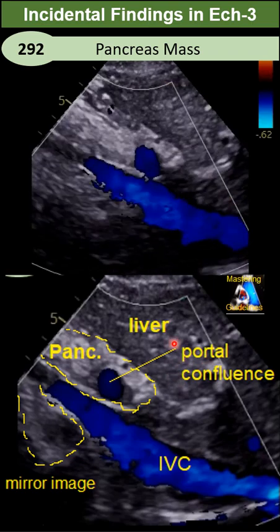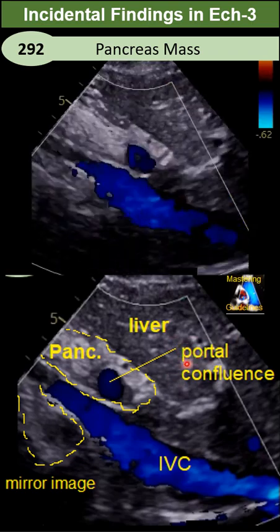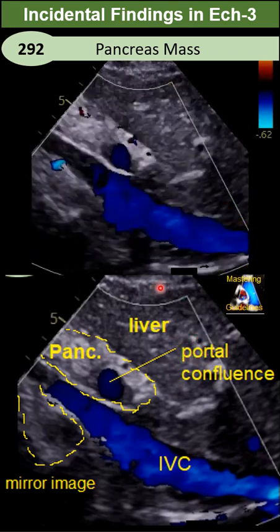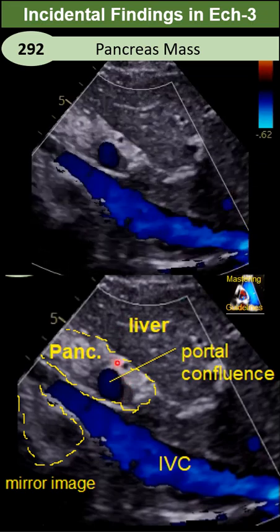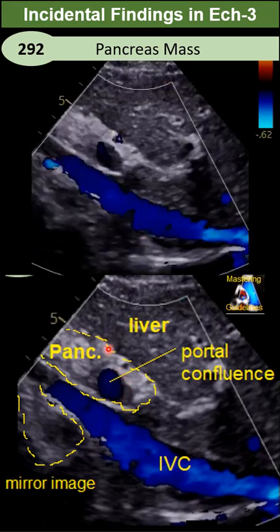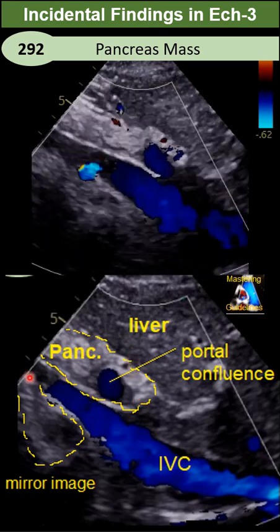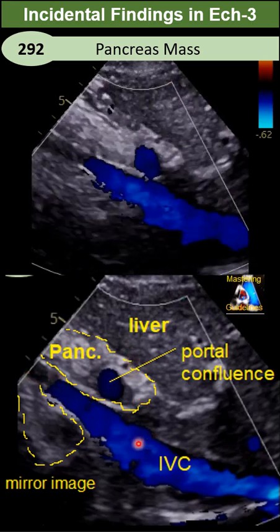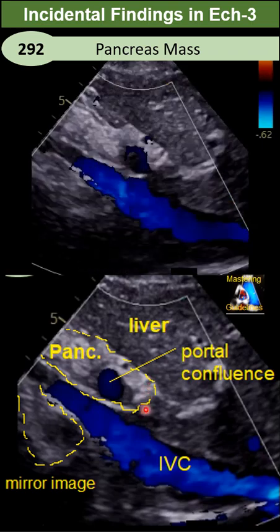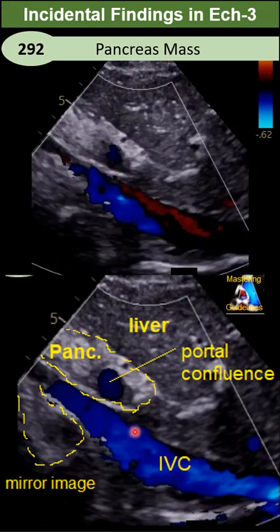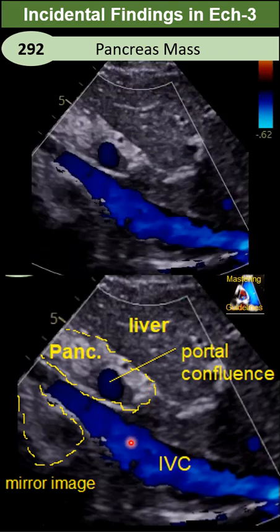All those three together depend on the normal variant. The combination of those finally becomes the portal confluence, and above the head of the pancreas we call it portal vein. Posterior to the IVC, as I mentioned, we don't have any structure except the retroperitoneal and perirenal space.